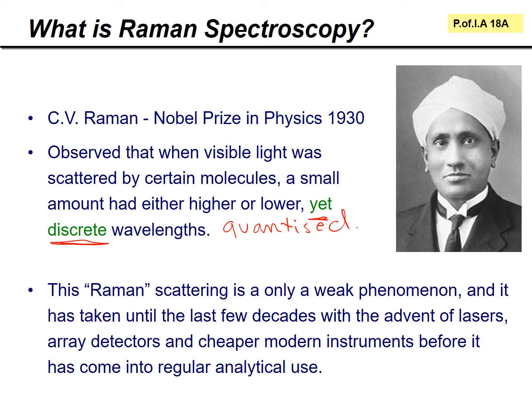It's only a weak phenomenon, and Raman had to work pretty hard to get enough scattered photons to have a meaningful measurement. But nowadays, with high power light sources like lasers, it's become a routine analytical tool.